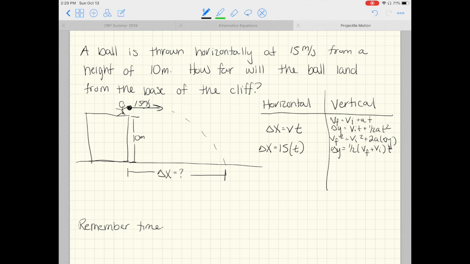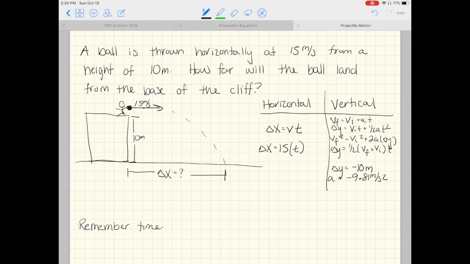So maybe I can use the information vertically to solve for the time. Let's see what I know vertically. I know that the ball has to fall 10 meters. So that's going to be negative 10 meters as my delta y. I know that gravity is going to accelerate me down, so I'm going to use negative 9.81 meters per second squared for my acceleration. Now here's where the catch to my problem comes in.